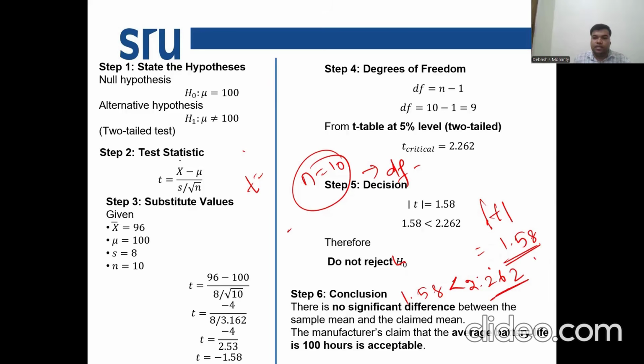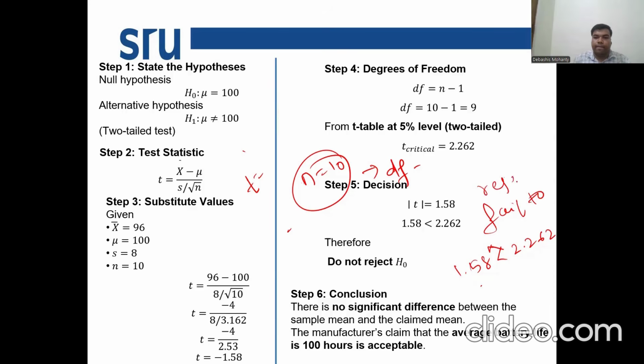So as it is lesser than that value, we don't reject the null hypothesis. Why? Because this value is lying in between those values. So as 1.58 is less than 2.262, we fail to reject the null hypothesis.